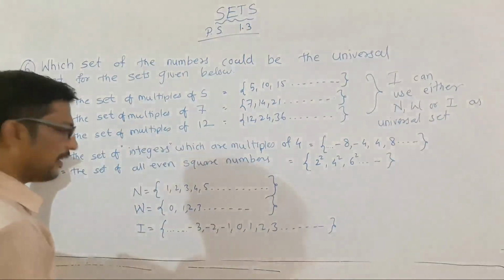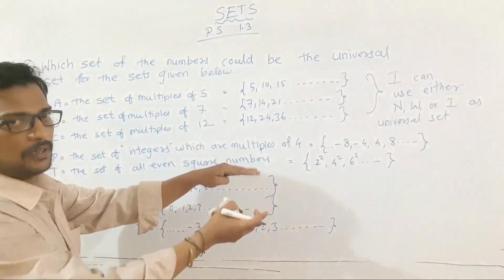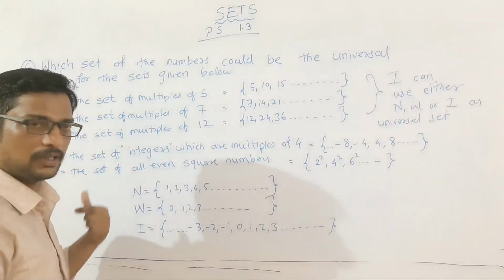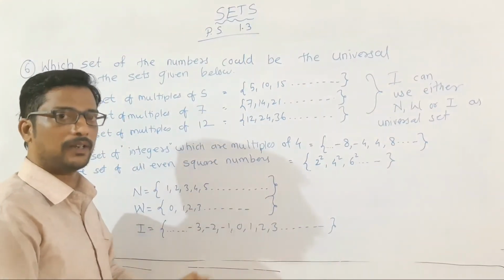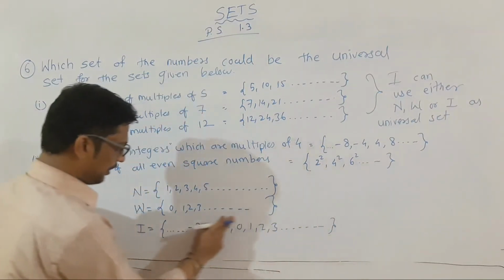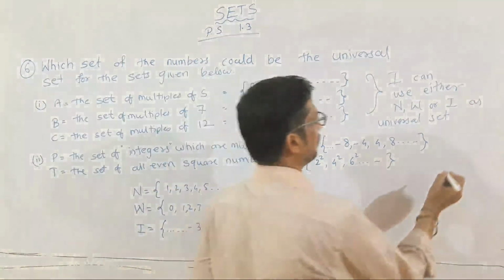But when I am considering these two sets at a time, that means these two sets are under consideration in my study, at that time I have to take a common universal set. So the set of integers will be the universal set.